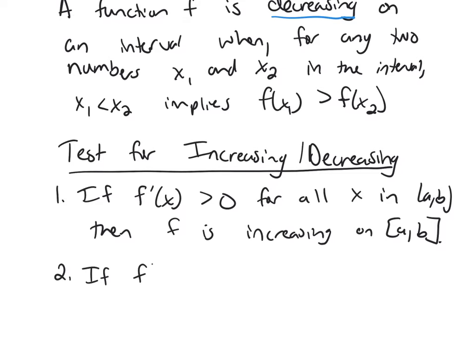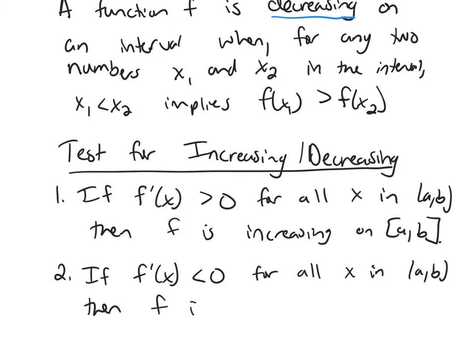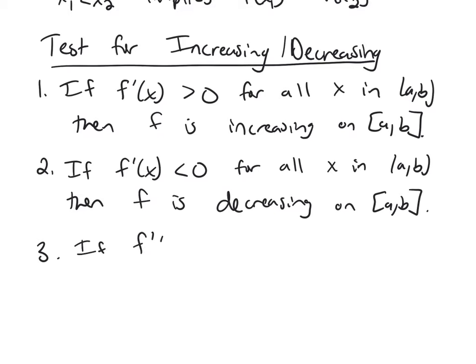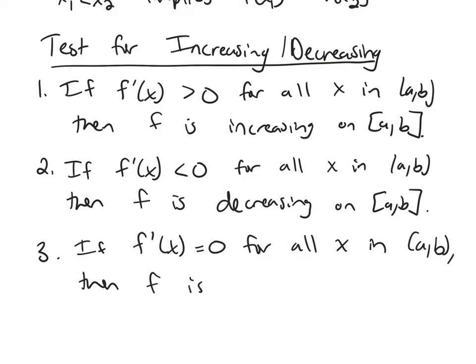If f prime of x is less than 0 for all x in the interval a to b, then f is decreasing on a to b. And then the third option, if f prime of x equals 0 for all x in the interval a to b, then f is constant on a to b.